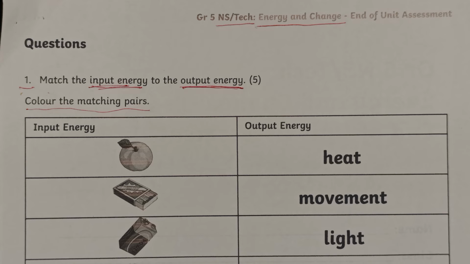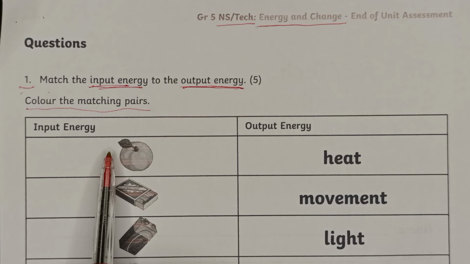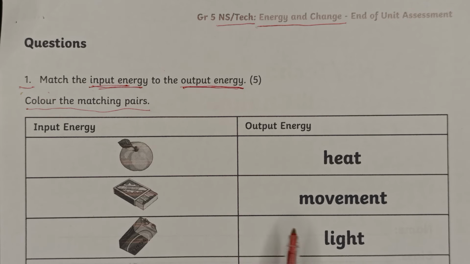When they say color the matching pairs, it means you will have to use different colors. So if this, which is a fruit, you think it should be matched with this output energy, it means this and this will be colored with the same color. And if this matches with this one, you will color it with the same color.